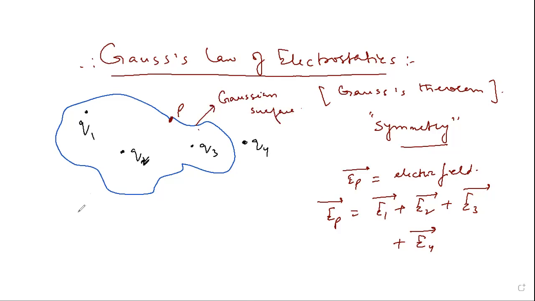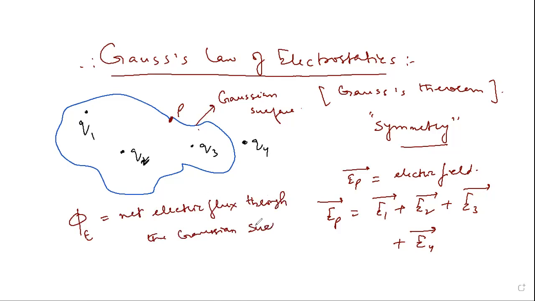Now let phi subscript E be the net electric flux through the Gaussian surface, right?